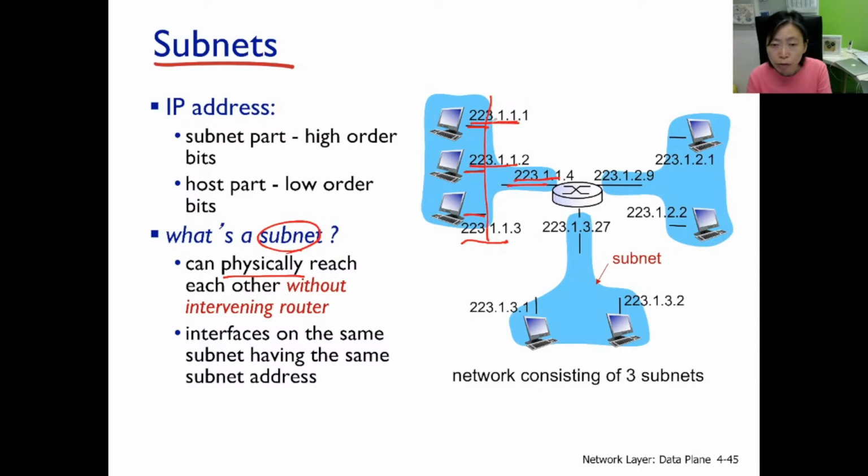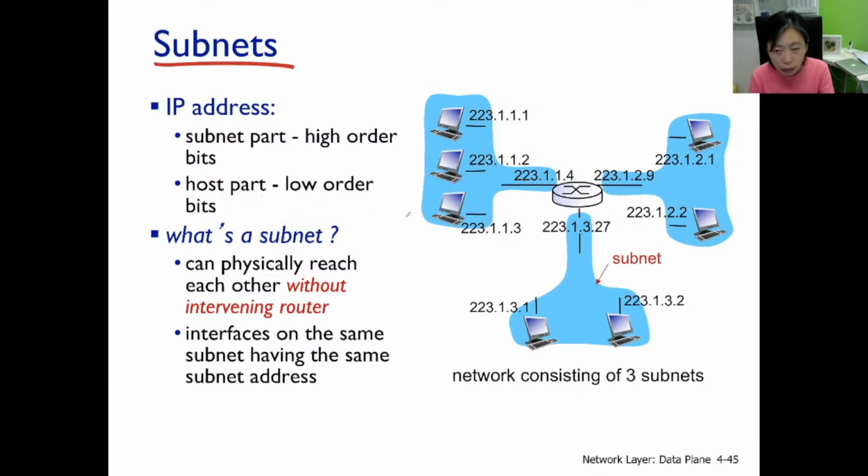So the first few numbers there are called the subnet part of the IP address. And the last part, which is unique so we can separate the different interfaces, is the host part. Those are the bits to the right, the lower order bits.